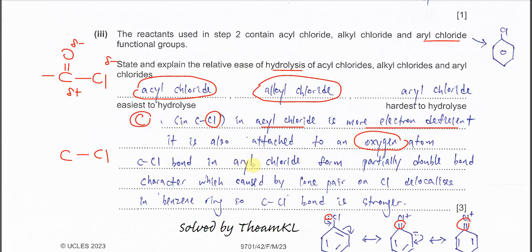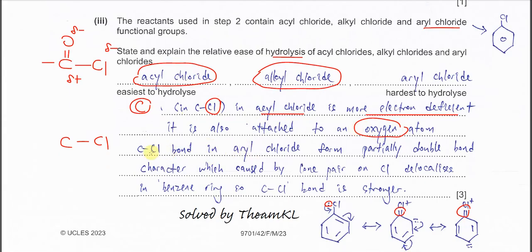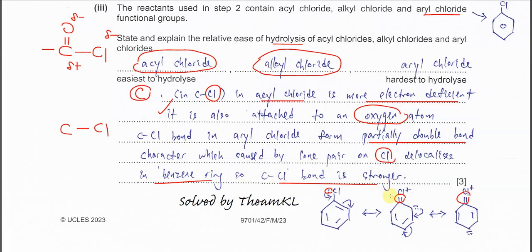For the aryl chloride, the C-Cl bond forms a partial double bond, which is caused by the lone pair on the chlorine delocalizing in the benzene ring. Because of this delocalization, it forms a double bond, and the C-Cl bond is now stronger. It's hard to undergo hydrolysis.